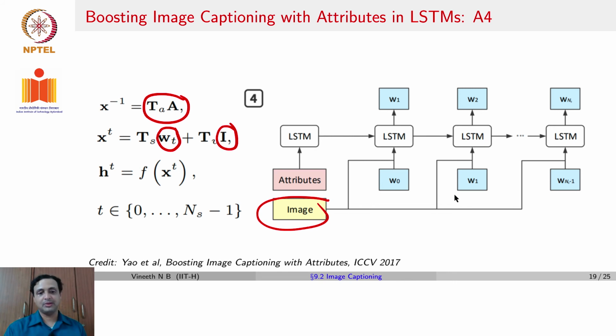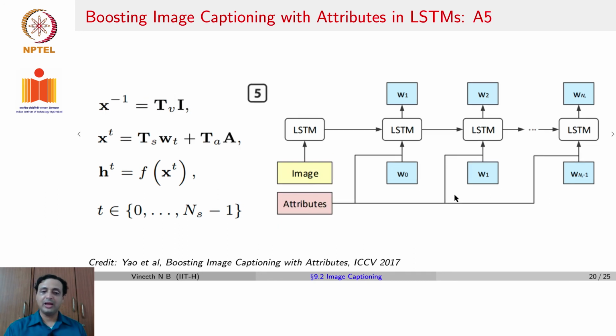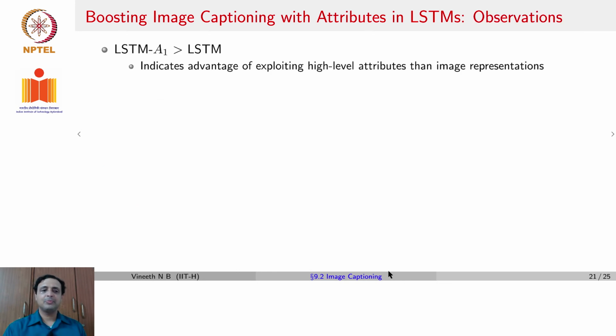So the attributes initially and the image at each time step. This was variant A4, and A5 was a variant where the image was given as input at X -1 and the attribute was given along with the caption in each time step. This was variant A5.